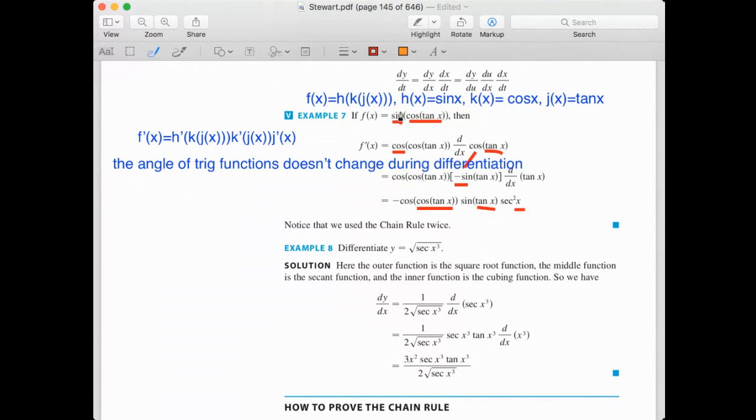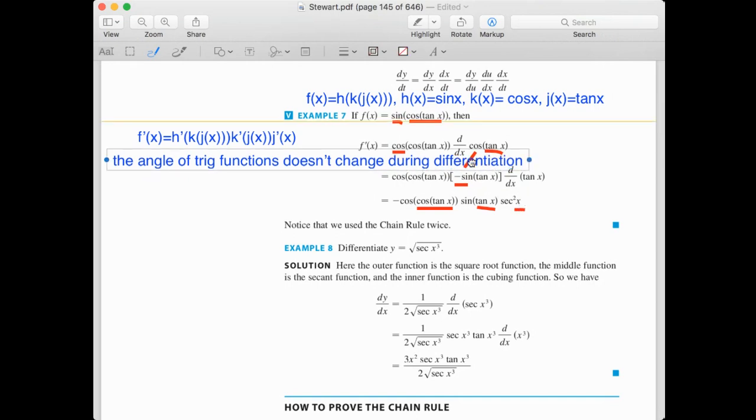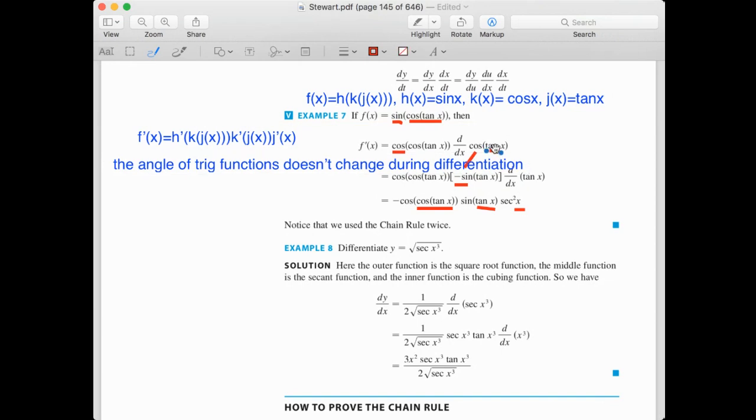You see the angle of sine in the beginning is cosine tangent, so in the end it's still cosine tangent. The angle of cosine here, the middle layer, is tangent, so the angle is tangent, do not change. The angle of tangent is x, its derivative stays x. So the angle doesn't change. Don't change the angle of the trig functions.